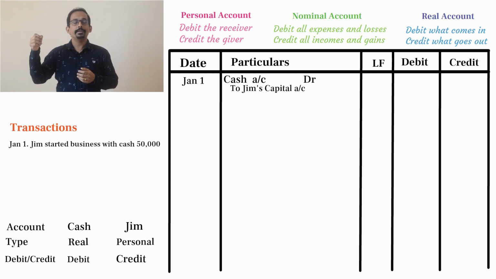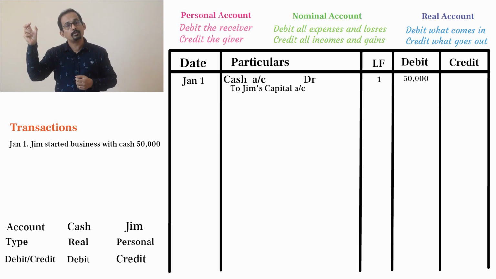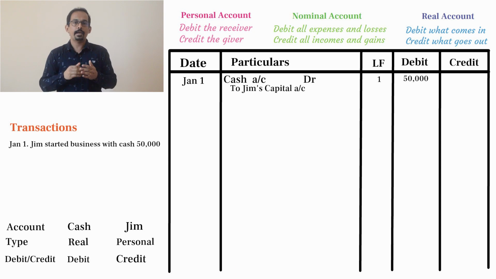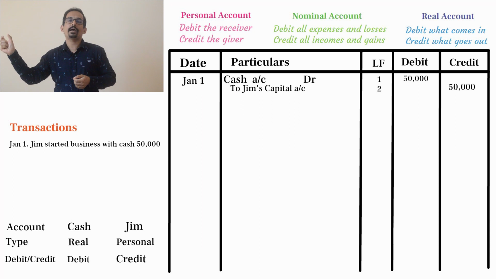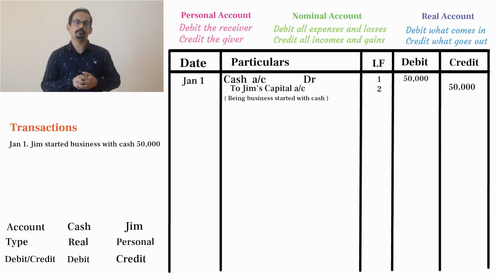Ledger folio is normally written during the time of posting these transactions into the ledger, but just for seeing how this is done, we will mention the ledger folio there. In the debit column, we mention 50,000 because cash is being debited for 50,000. And Jim's capital is being credited for 50,000, so that credit amount has to be mentioned in the last column. So this is how the journal entry is framed and passed into the journal book.